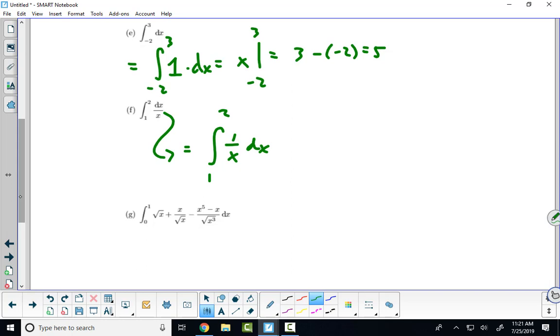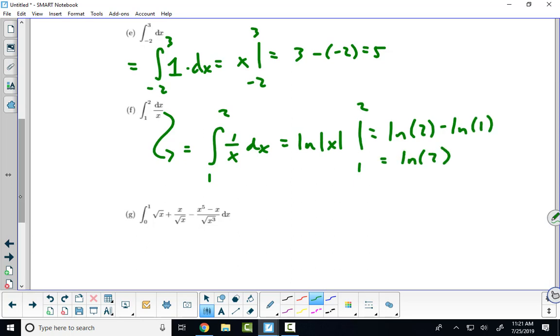Or you could do x to the first power plus x to the negative half. So it would be x to the 1/2. Okay, so it's whatever the ln of 2 is.